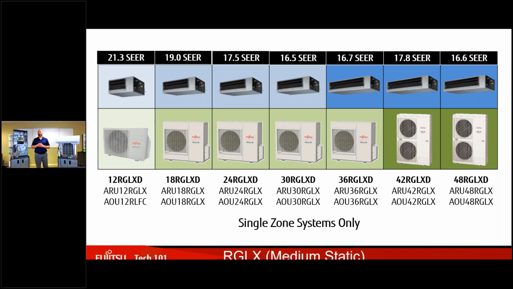In these units here, we can get up to 0.8, so more than double the static. The 12 and 18,000 BTU are both going to be Energy Star. The rest fall just outside of that range, so another thing to take into consideration.